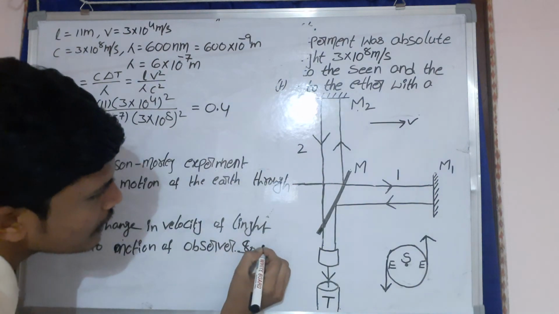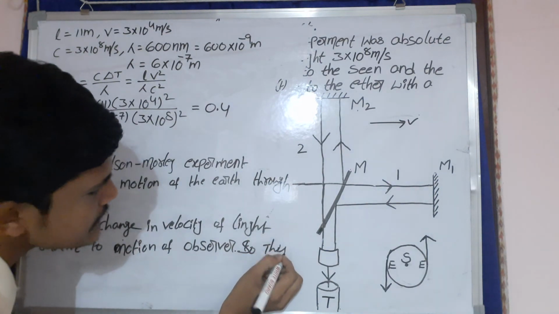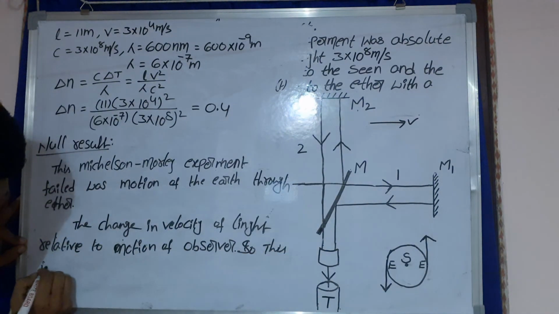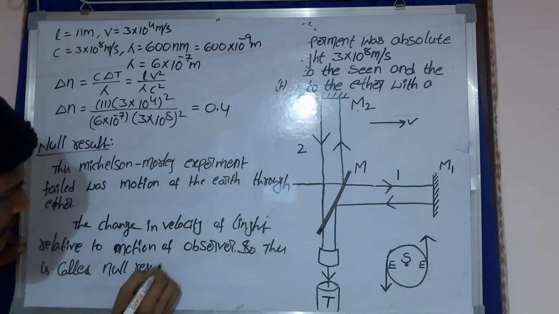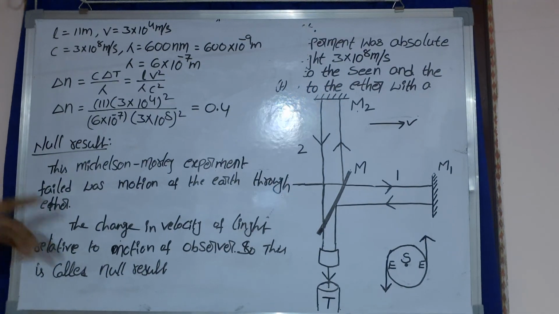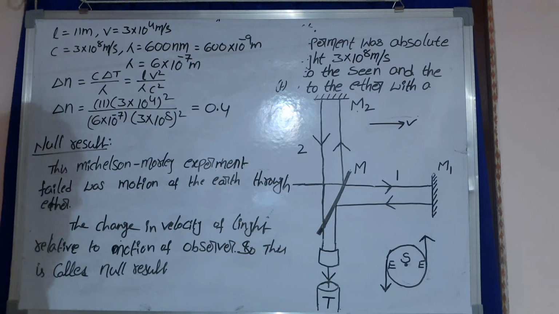So this is called null result. So this is totally the Michelson and Morley experiment. Thank you friends.